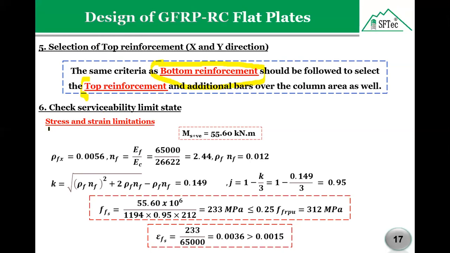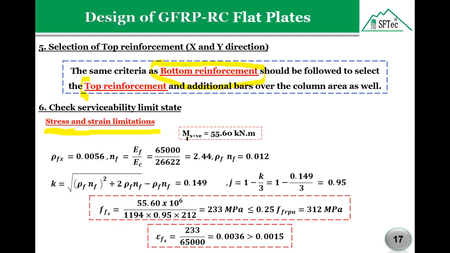As I mentioned also in the theoretical webinars I did before, this is how we can check the serviceability limit state for any flexural member. For the serviceability limit state, we have two steps. The first step is called the stress and strain limitation. So we are going to check the stress and the strain in the used bar under service loads.